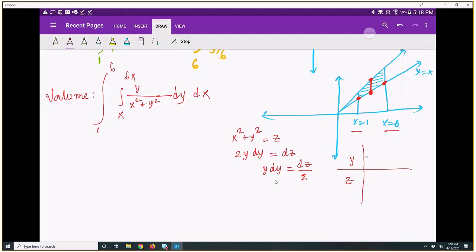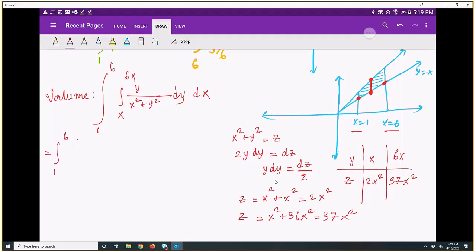Limits for y were x and 6x. If I put y equal to x in my expression, my z becomes x squared plus x squared, which is 2x squared. If I put y equal to 6x, my z becomes x squared plus 36x squared, which is 37x squared. So these are my lower and upper limits, and I rewrite this integration as 1 to 6 integration, 2x squared to 37x squared.